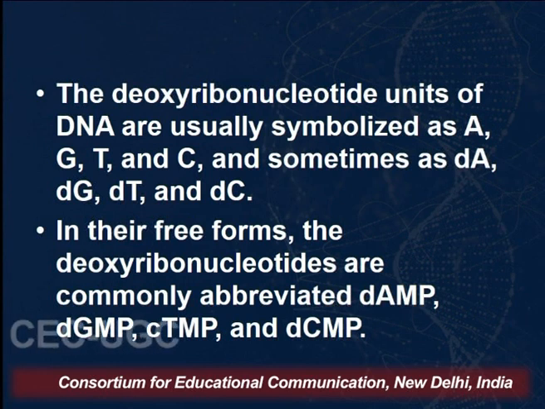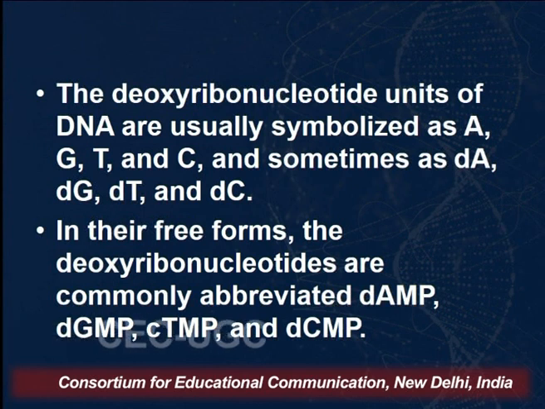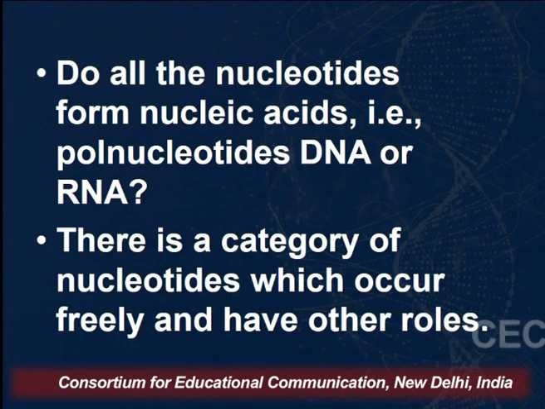Then again, in their free forms, deoxyribonucleotides are commonly abbreviated as dAMP, where d again indicates the sugar is deoxyribose, and it will become dAMP, dGMP, dTMP, and dCMP, depending on the base present. MP means monophosphate, that is, one phosphate group is present there. So I have discussed the naming of the nucleotides present in DNA.